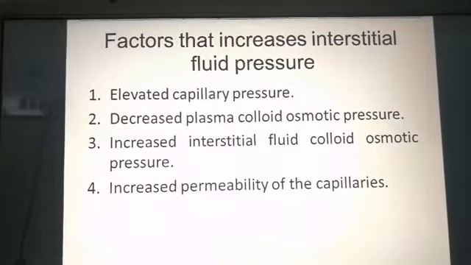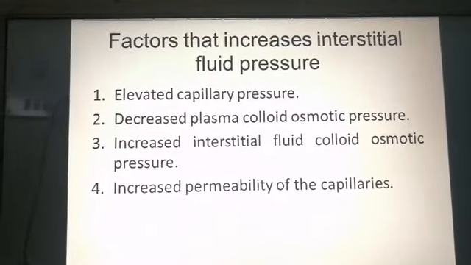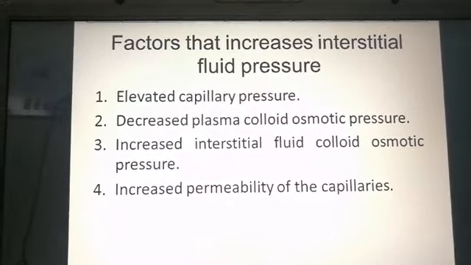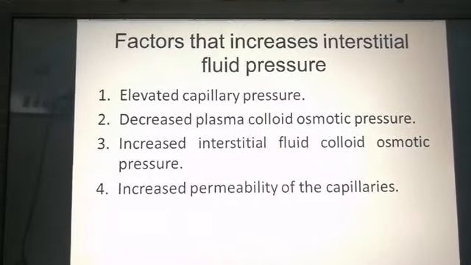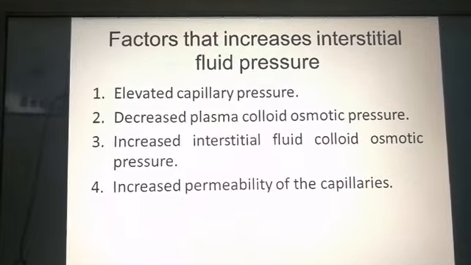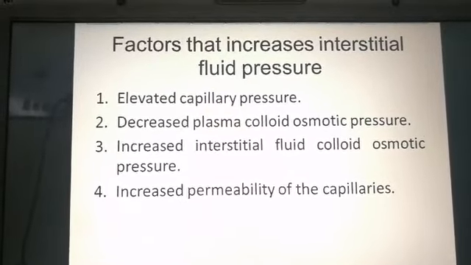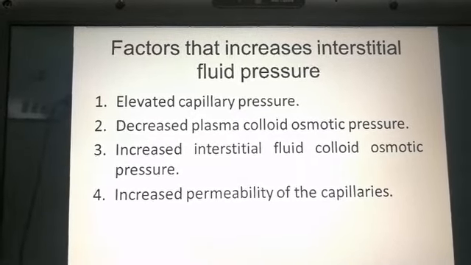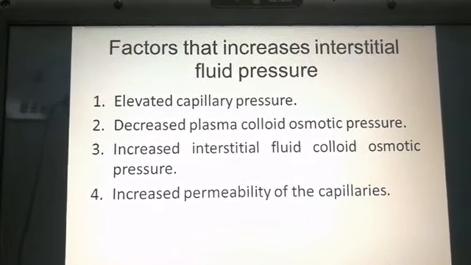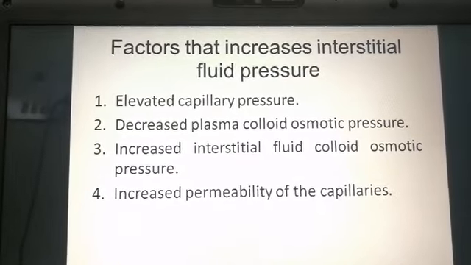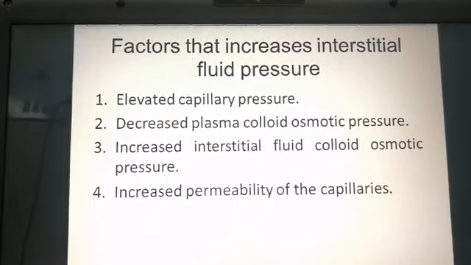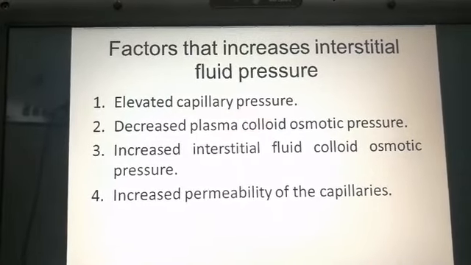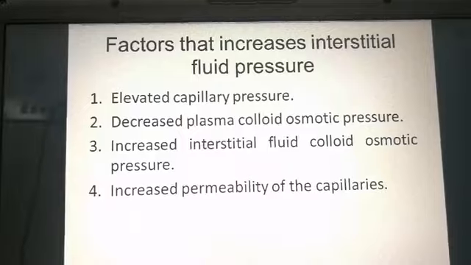Decreased plasma colloid osmotic pressure. You have studied in the topic of Starling forces that plasma colloid osmotic pressure is another name for plasma colloid oncotic pressure. Plasma oncotic pressure is due to proteins. So when it is decreased, there is a decreased number of proteins in the plasma, and the function of proteins is to retain the fluid in the blood vessel.